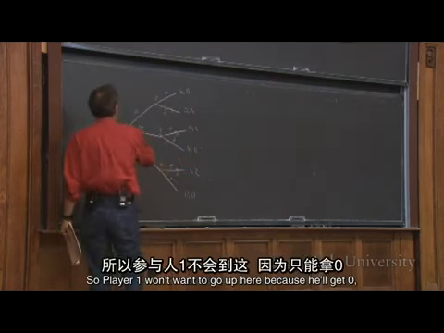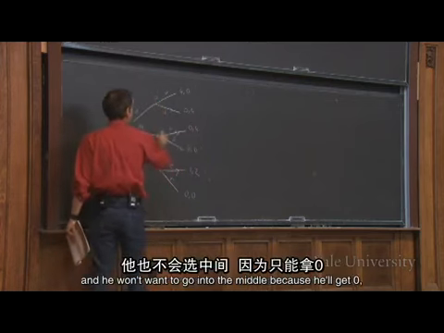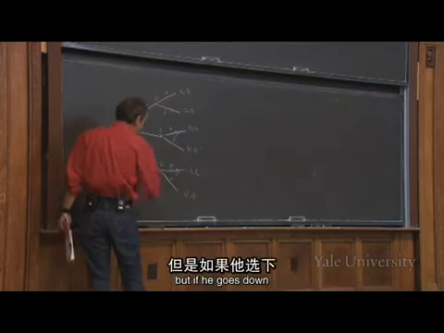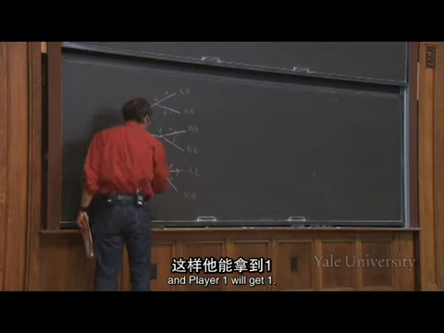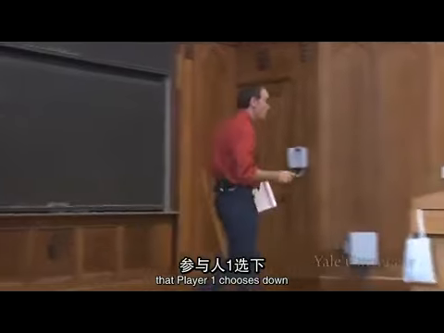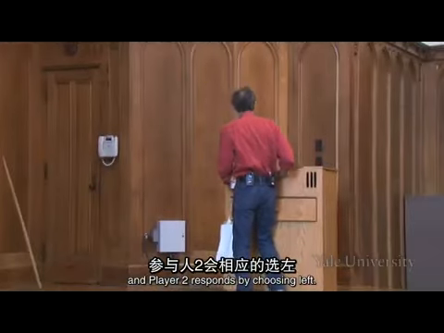So player 1 won't want to go up because he'll get 0, and he won't want to go into the middle because he'll get 0. But if he goes down, player 2 will choose left, and player 1 will get 1. So player 1 will choose down. So backward induction predicts that player 1 chooses down, and player 2 responds by choosing left.